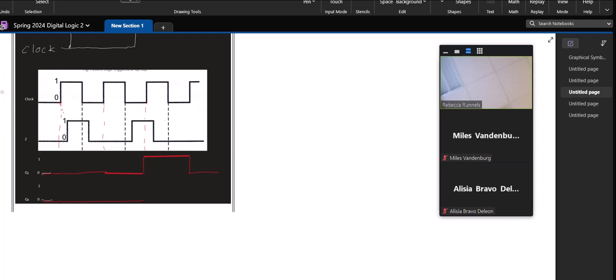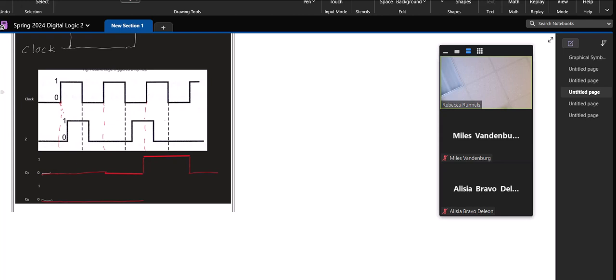Because this one wouldn't actually have changed immediately at the positive edge. It's going to take it a little bit of time. So when this one gets here, it doesn't see that this one has changed yet, because it's going to take a little bit of time for this one to change.